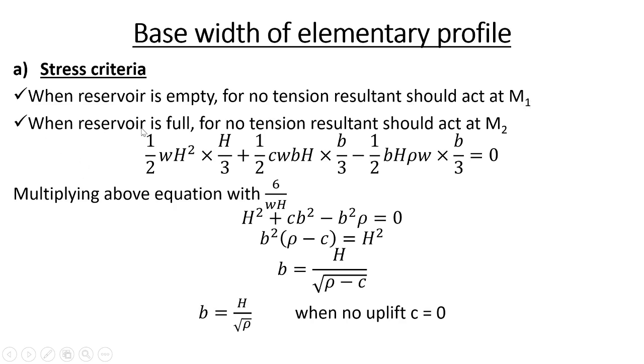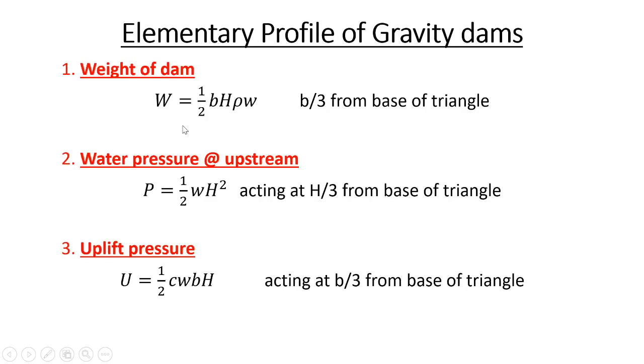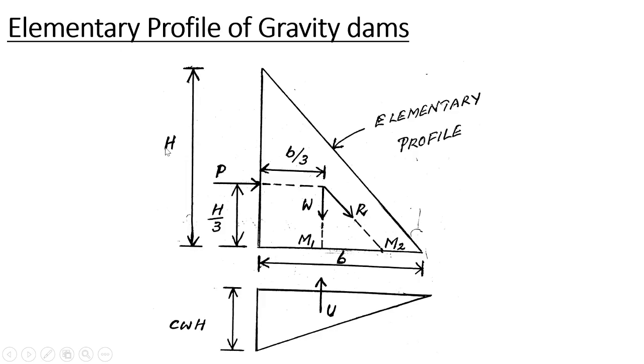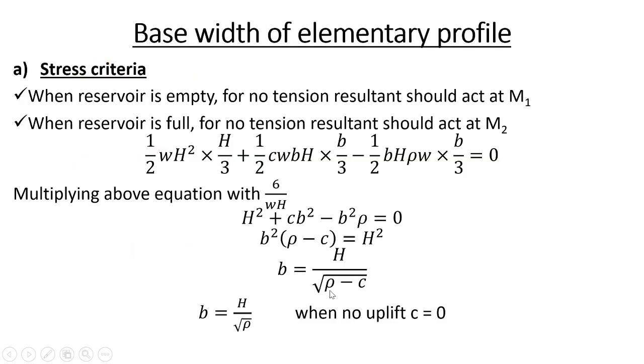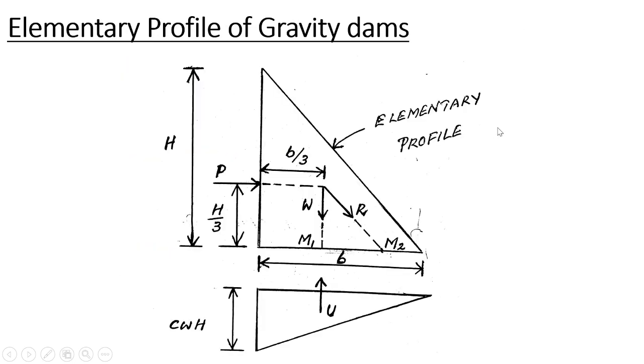When the reservoir is full, there will be this capital H. So there will be horizontal water pressure, there will be uplift pressure also. So when the reservoir is full, for no tension, the resultant should act at M2. Let's see what the point M2 is. See, this is the point M2.